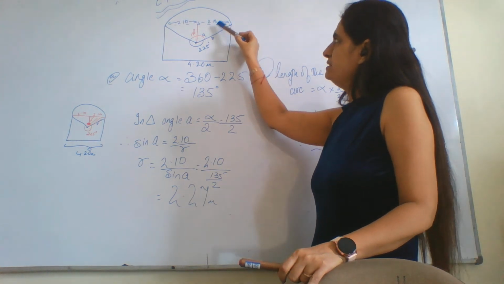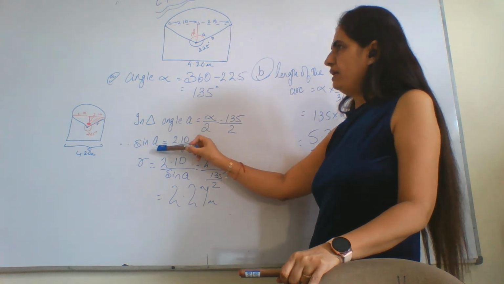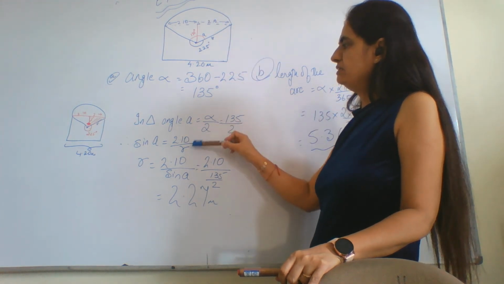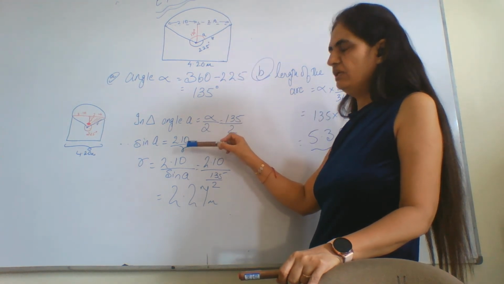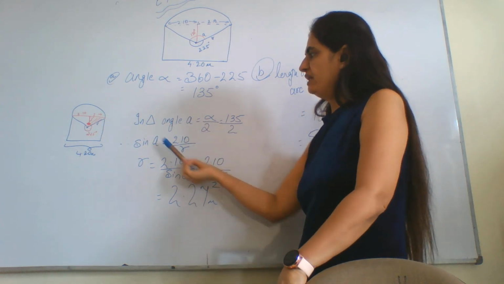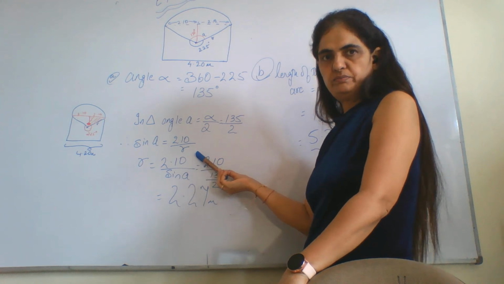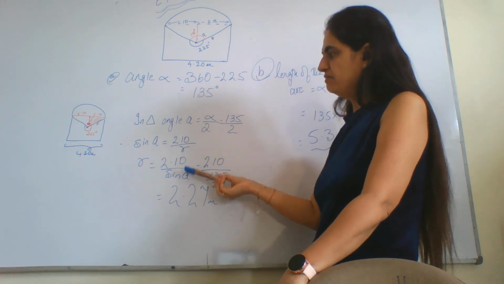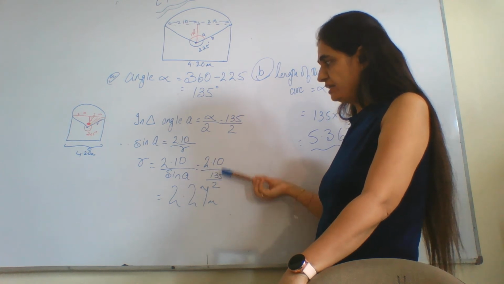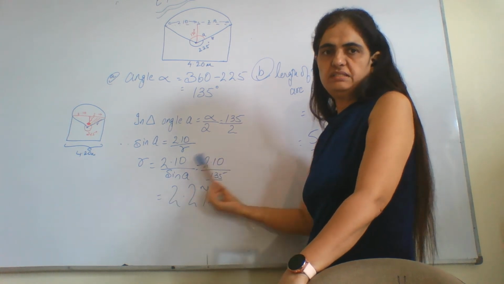So now in this triangle, sine A is equal to the opposite side over the radius, which I need to find out. Let me take it that side to the left, so I take it here, and sine A comes below. So 2.10 divided by sine A, which is again 135 divided by 2. When you do so, you get this value.